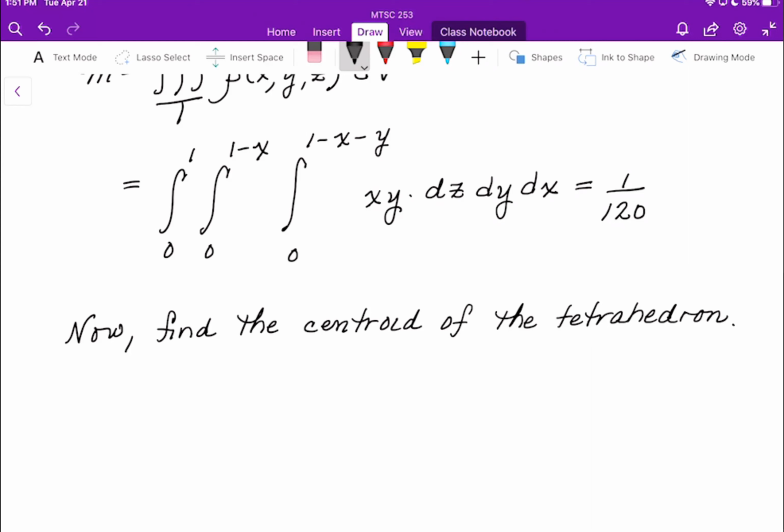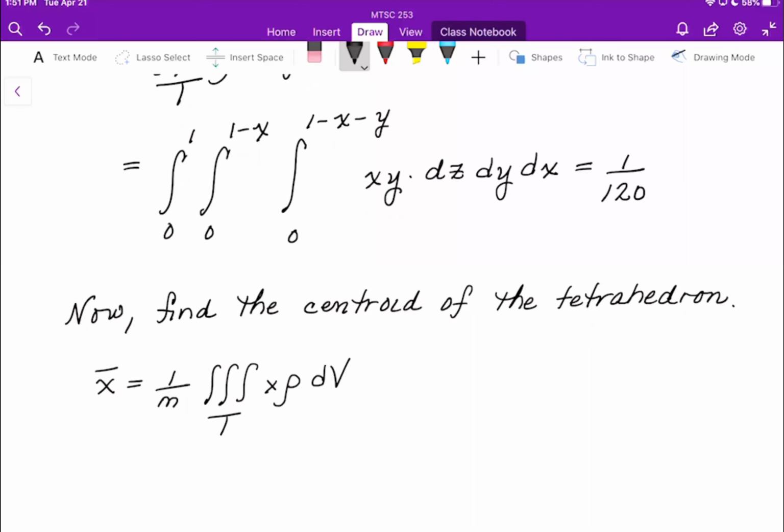So the x-coordinate of the centroid is 1 over the mass, the triple integral over the region of x times the density dV.